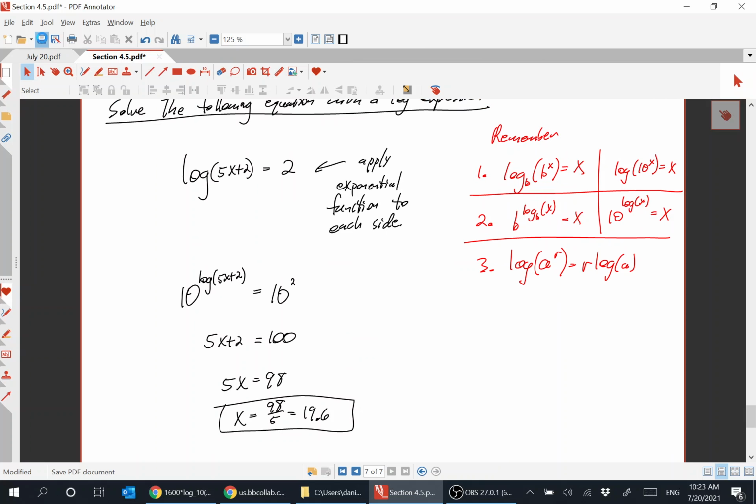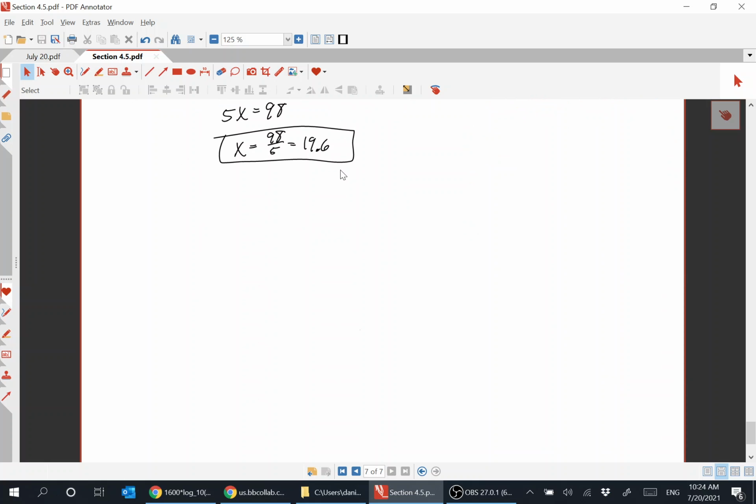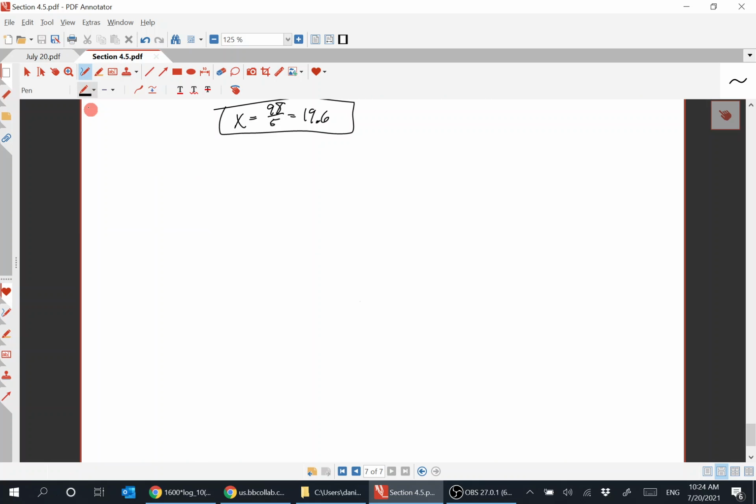So let's look at a different example with a different base. How about natural log. Solve for x: natural log of x plus 2 plus the natural log of x minus 1 is equal to 1.